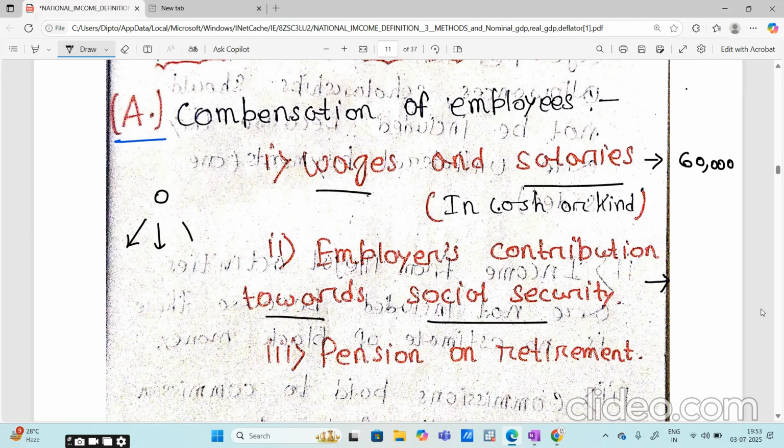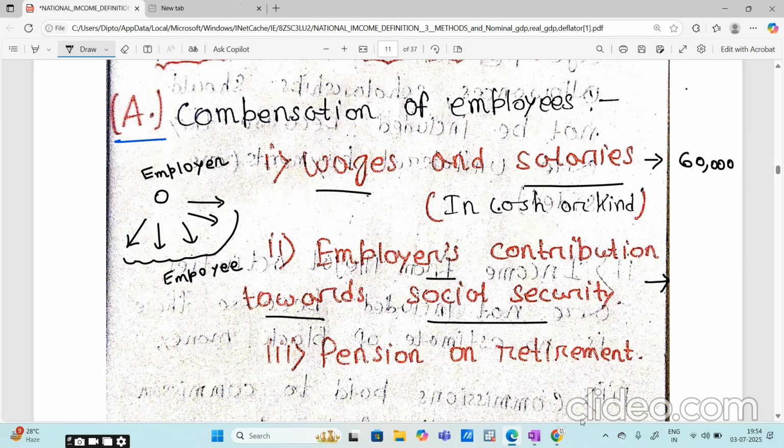I have selected those 5 people. In this case, I am the employer, and these 5 people are the employees. So now, employer's contribution towards social security.